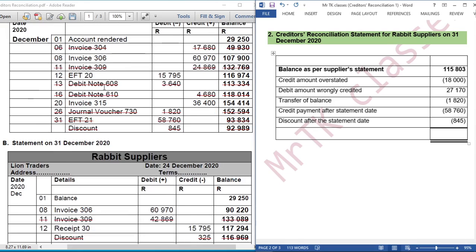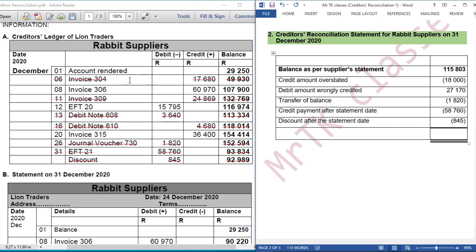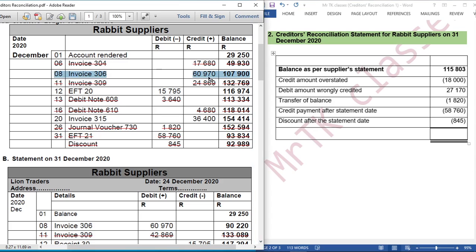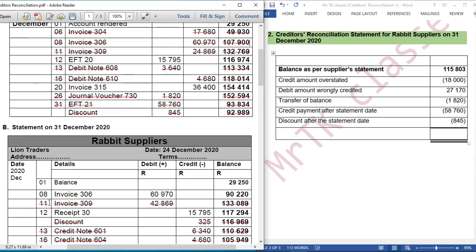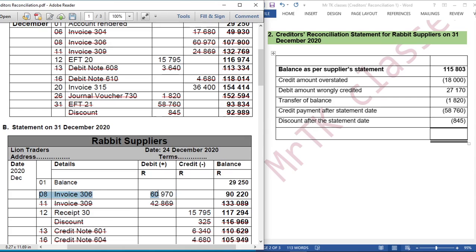All right, this one on the 8th, I can see it is also here, and these entries are correct. Credit here, then debit here. Then let us look at another one.